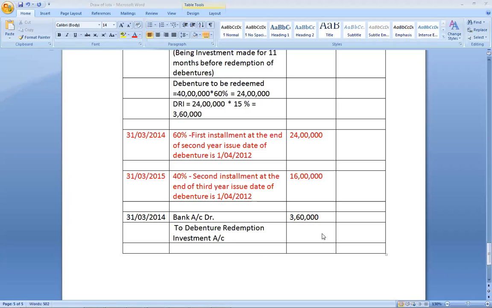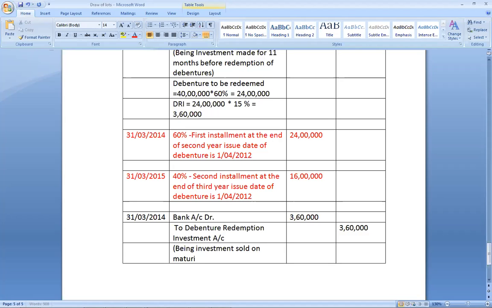You are selling the investment on maturity of debenture, on the day of the first installment. Narration: being investment sold on maturity of debentures. Next.